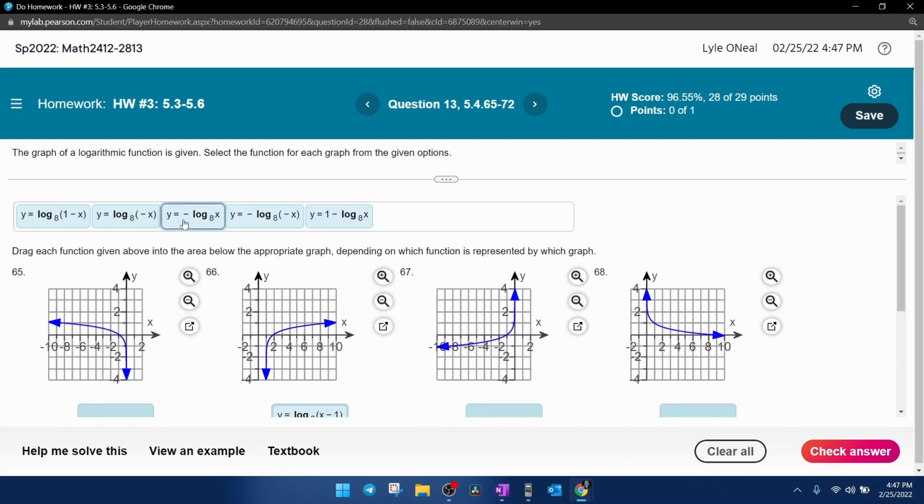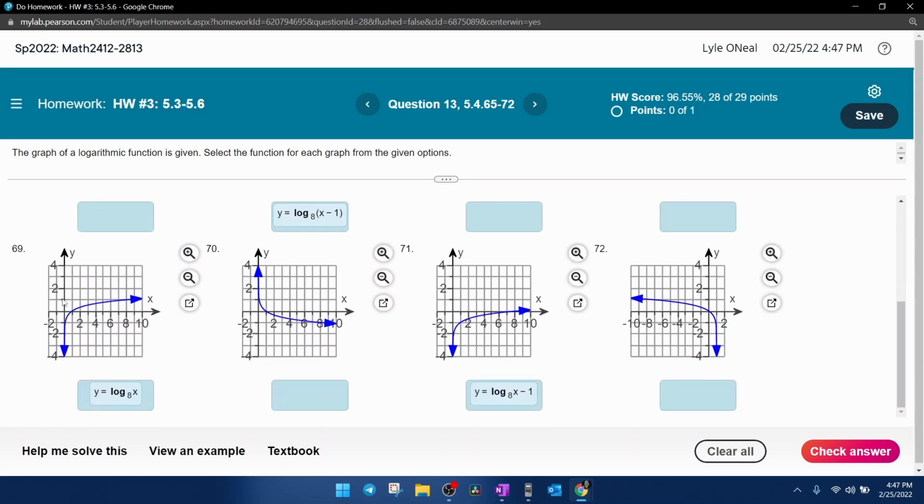Next, let's do y equals negative log base 8 of x. We know from our transformations that a negative in front of the function will do a vertical flip over the x-axis. So what we want to look for is the graph of 69, but flipped vertically, so that the graph comes down, approaching the y-axis, through the same x-intercept, and then curving down to the right.